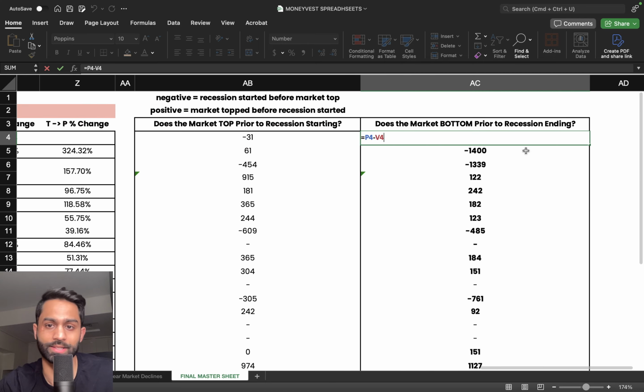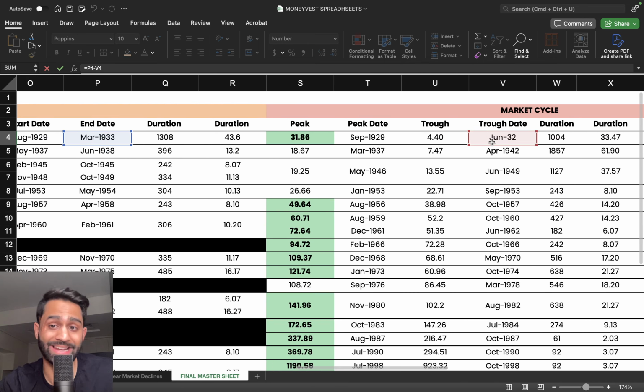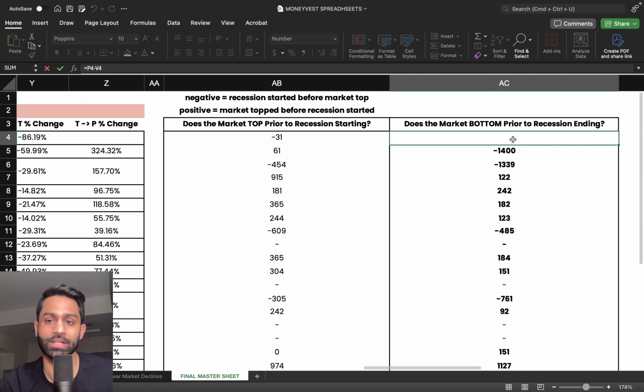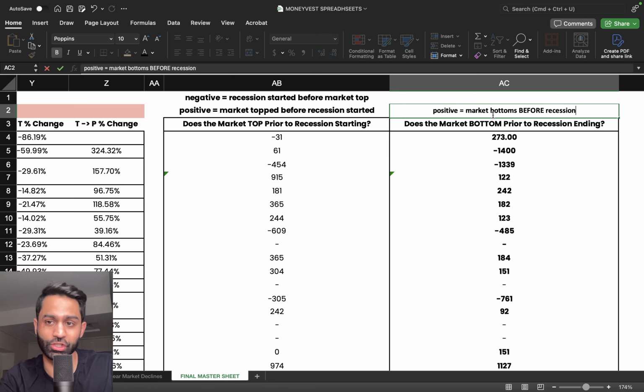So I've taken the ending date for the recession minus the trough date. For example, March 1933 was the ending of that recession. However, the markets had already bottomed in June of 1932. So they had already bottomed prior to the recession ending. So that is a positive number. In this case, a positive number essentially means the market bottoms before the recession ends.